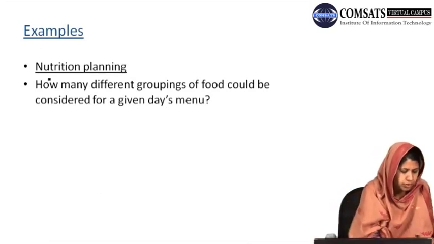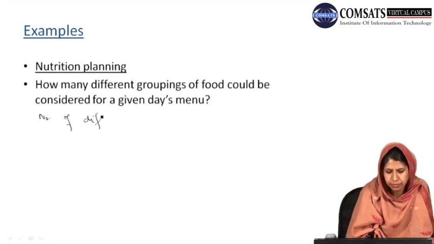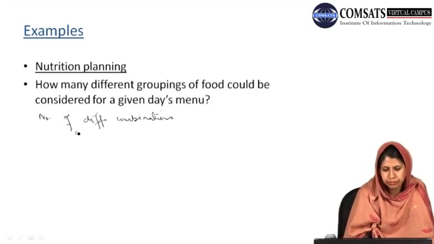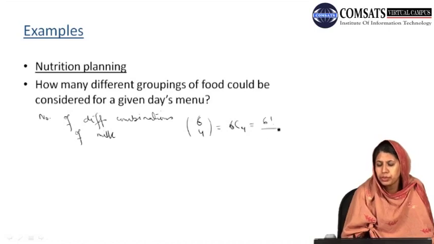So the number of different combinations from the milk section will be nCr, that is, 6 items and 4 servings allowed, which is 6C4, which is 6 factorial over 4 factorial into 2 factorial, which equals 6 into 5 into 4 factorial divided by 4 factorial into 2.